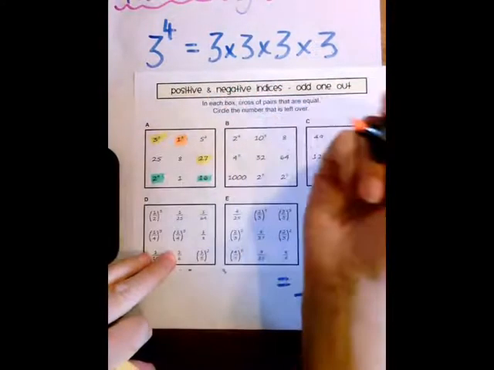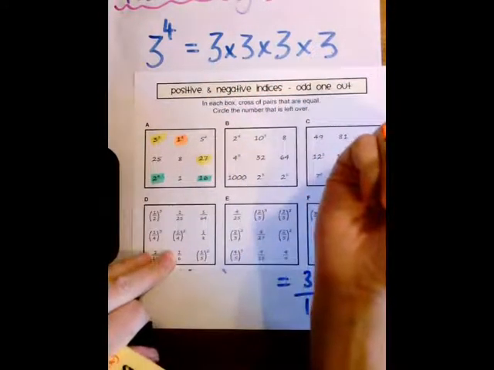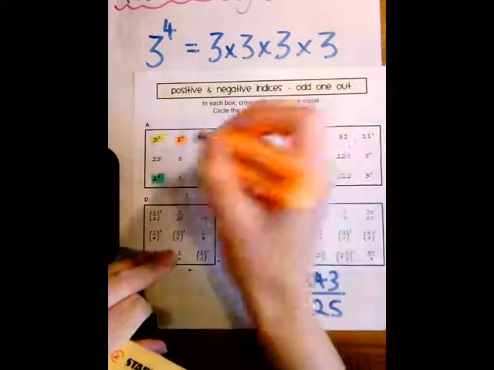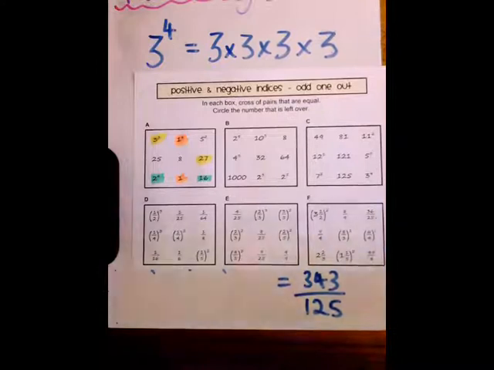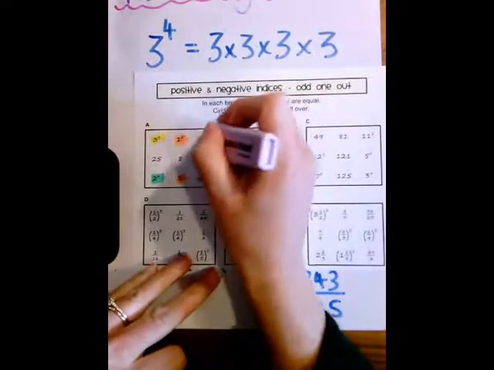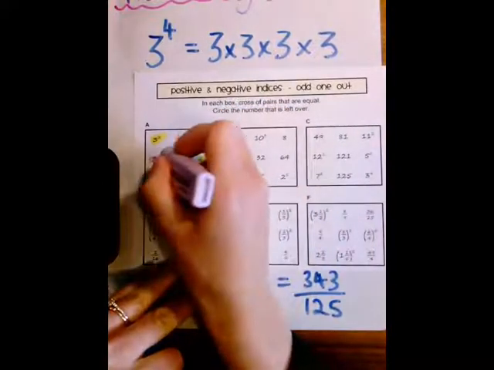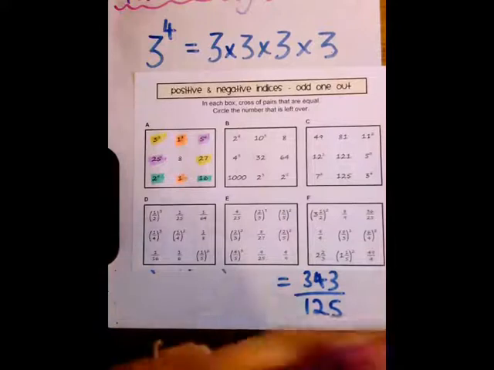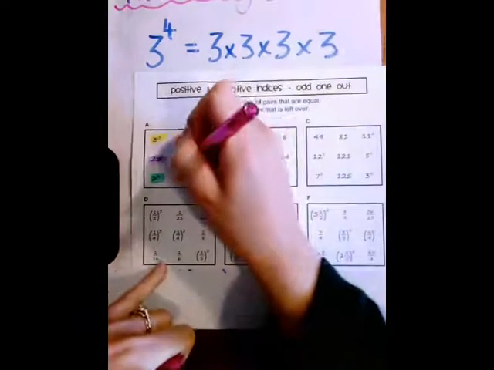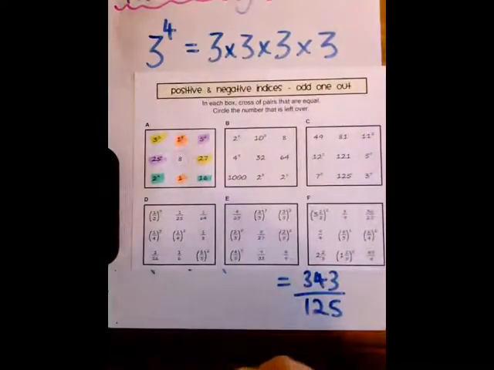Now 1, if you keep timesing 1 by 1, no matter how many times you do it, you're going to end up with 1. And then we should have one more pair in the box. So 5 squared would be 5 times 5, which is 25. So my odd one out, which I can circle, the first box is 8.